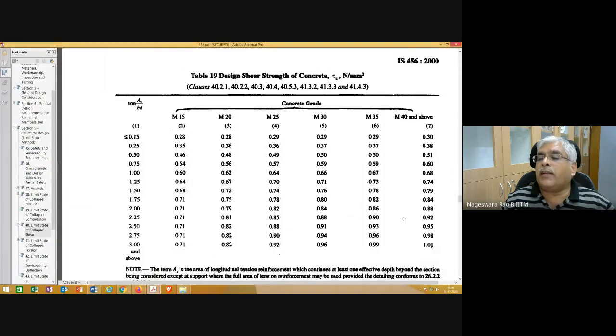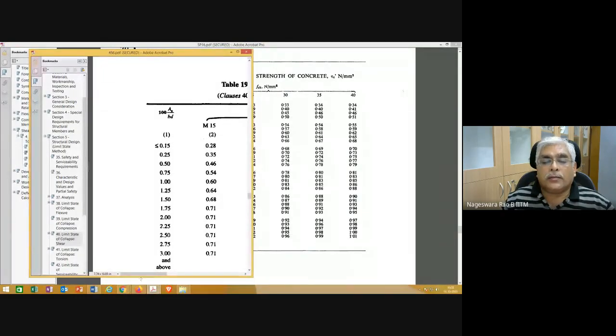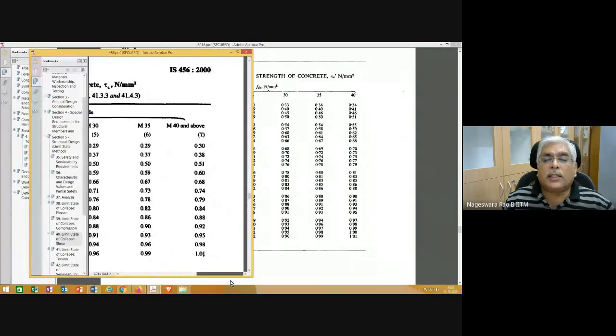At least in the last column, they may be slightly different, but some of the values match. It all depends on how you round off.